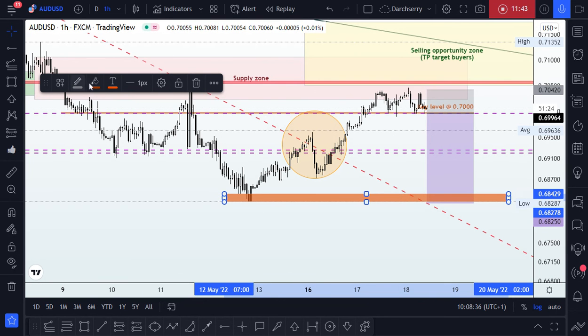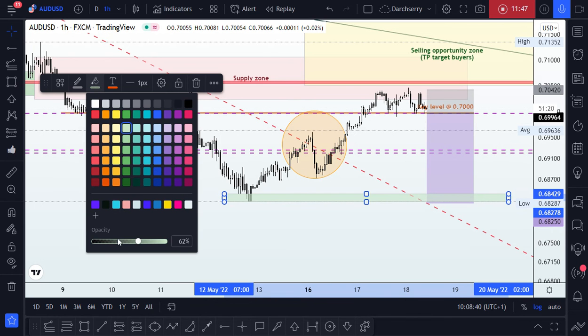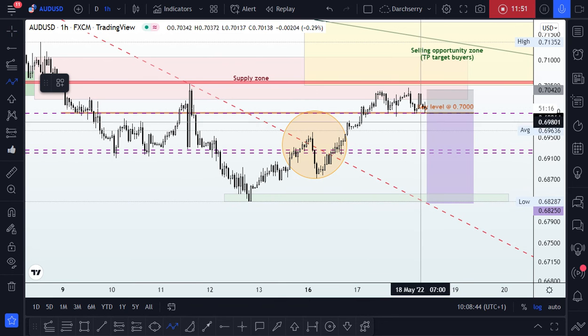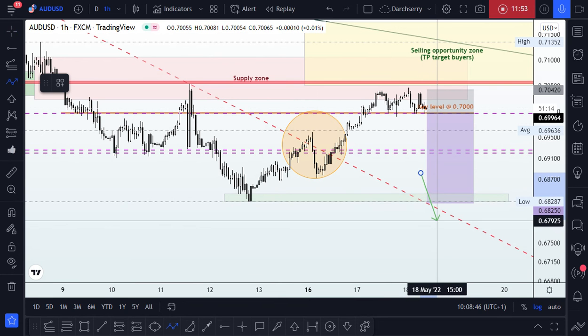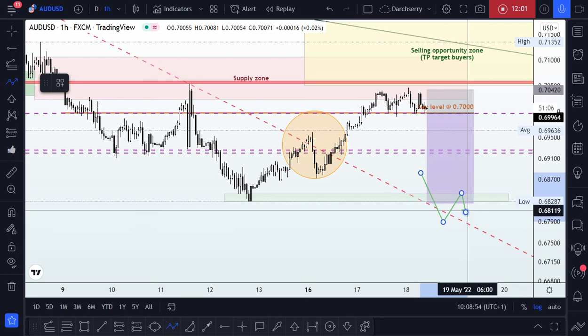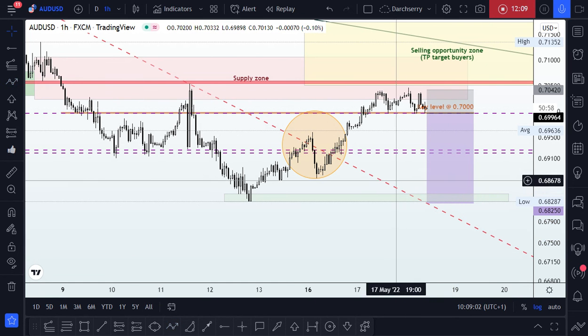So I would like to give this a green. My demand zones are always green. So now that demand zone at this point will probably be our guide going into the future. Possibly if we see a breakdown of that level, a retest will probably send us to put more positions into the selling perspective.